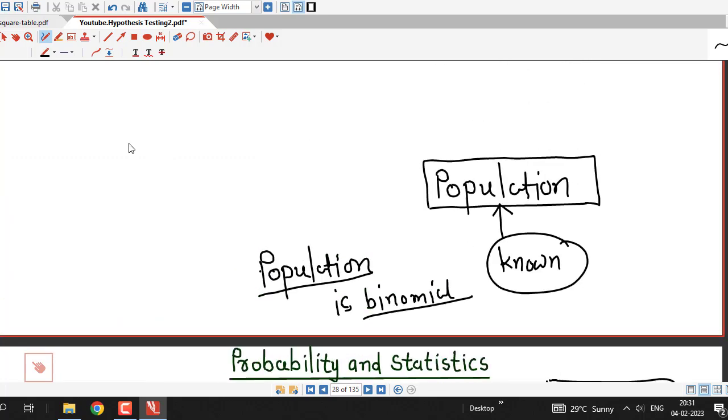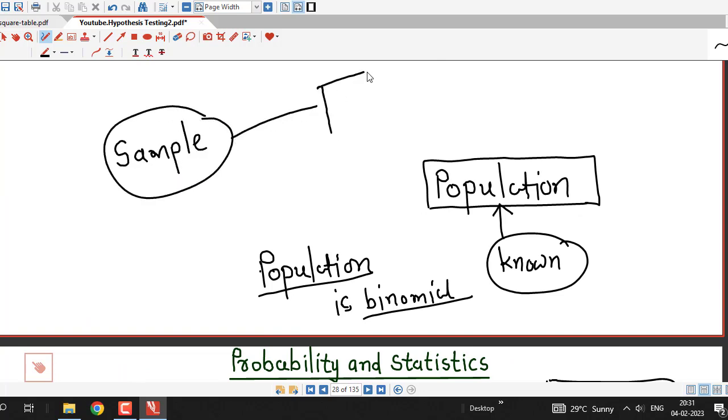For that you will be given a sample of some observations from the population whose distribution is unknown, and using that sample data you have to test the hypothesis about the probability distribution of that population.